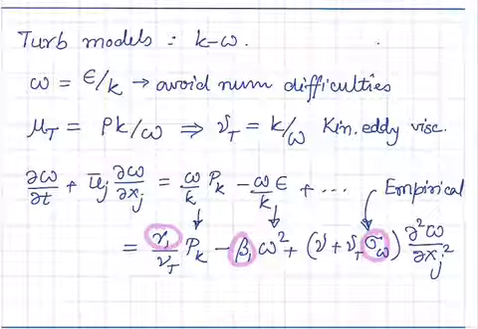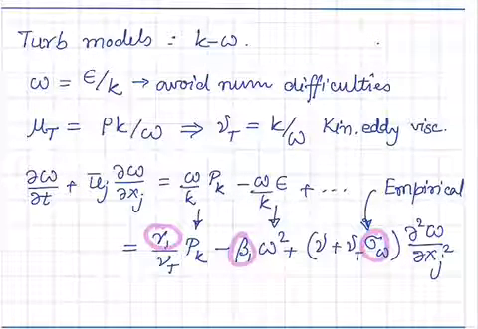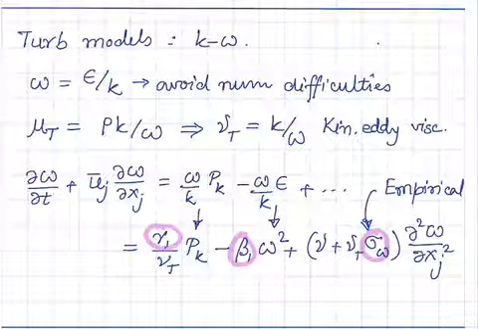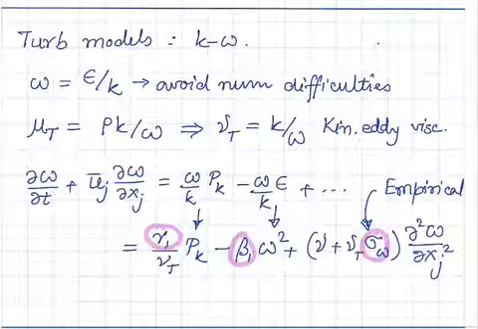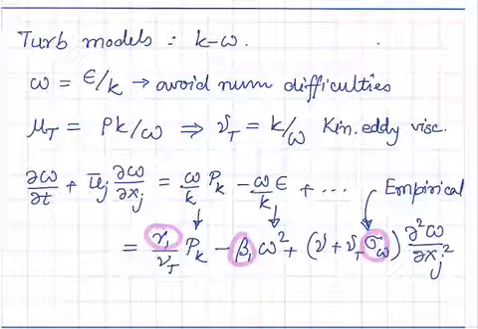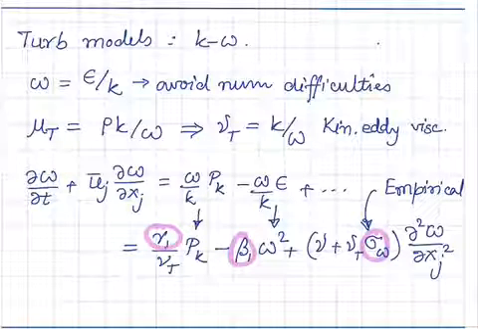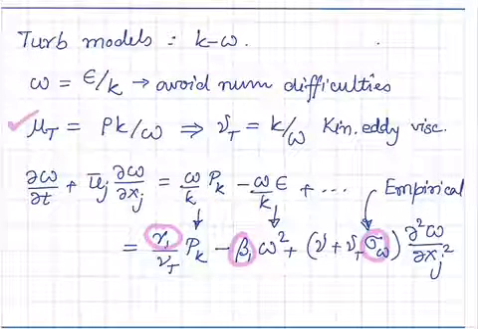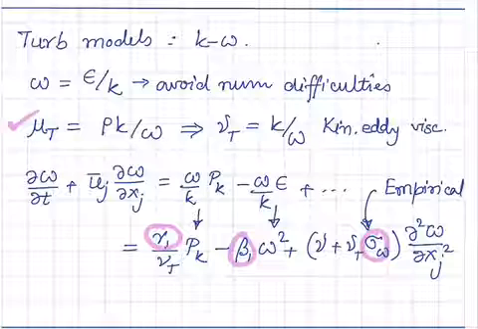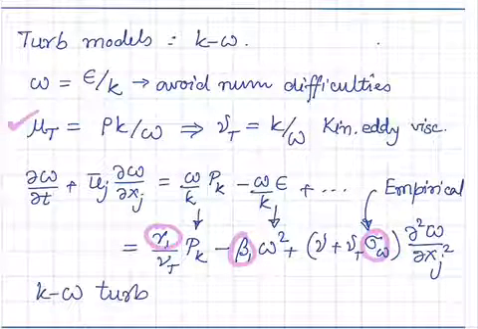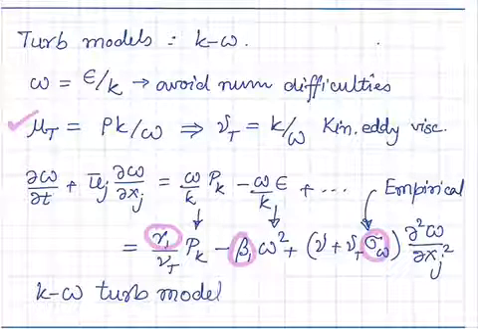When we take the omega equation of this form along with the k equation, and we are able to solve these two and then put the values of k and omega into the definition of eddy viscosity, we get what's called the k omega turbulence model.